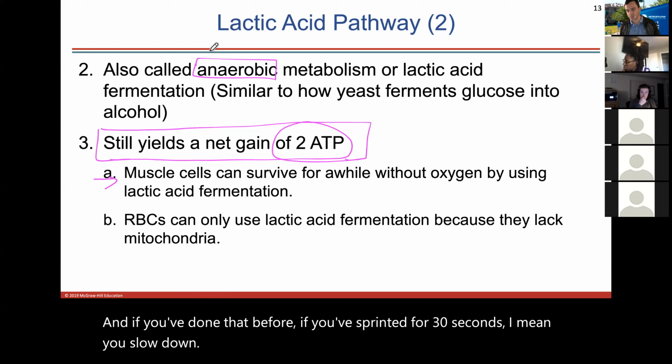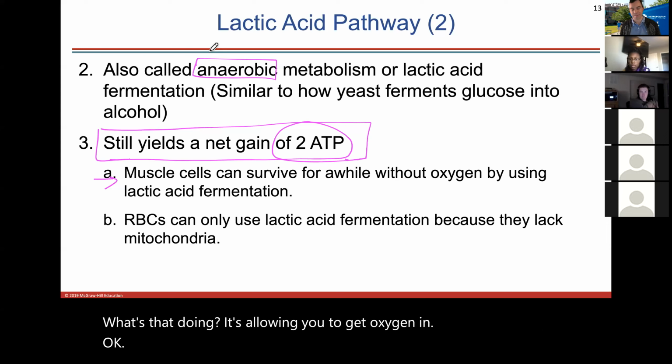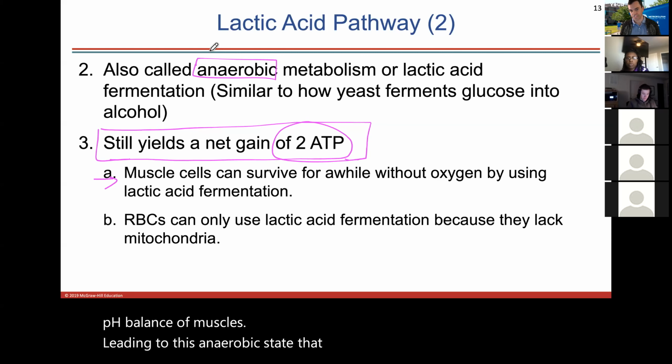You stop. Well, what's that doing? It's allowing you to get oxygen in. And we'll talk about some of the physiology involved with changing the pH balance of muscles, leading to this anaerobic state that we're talking about right here.